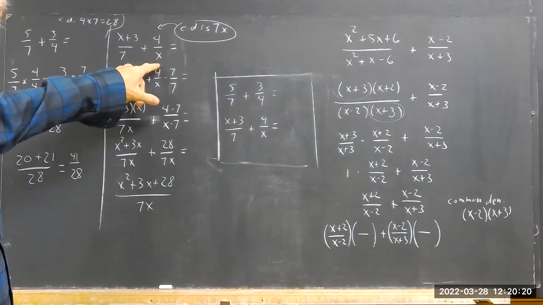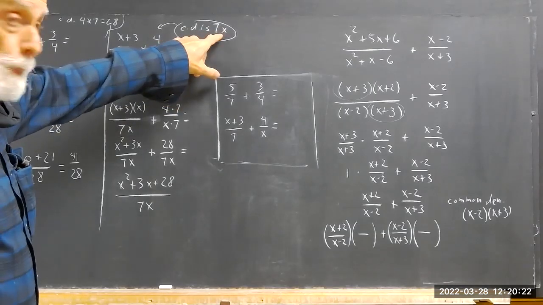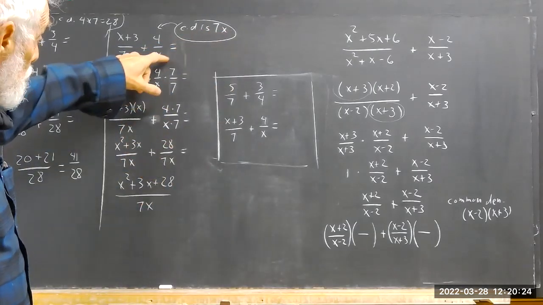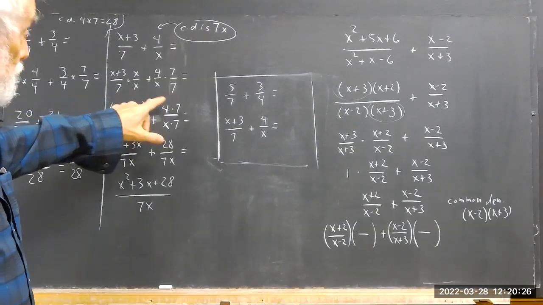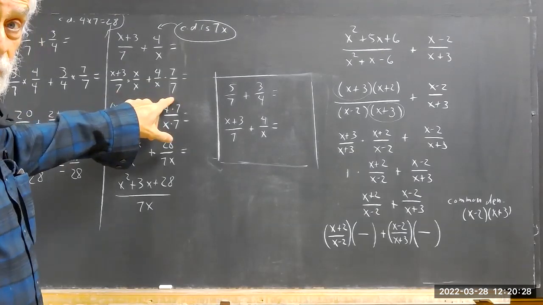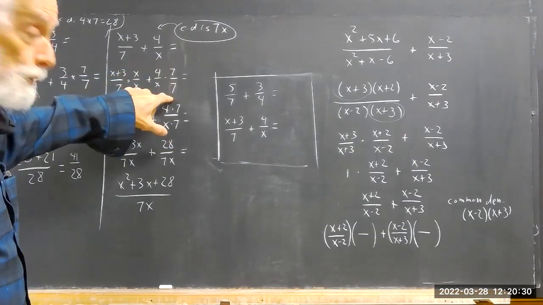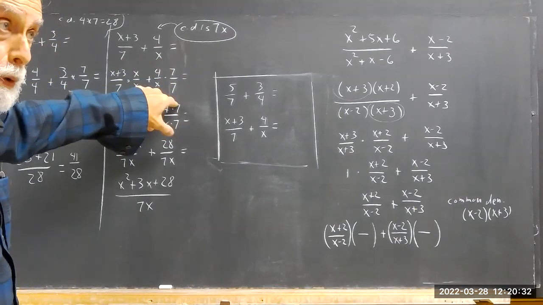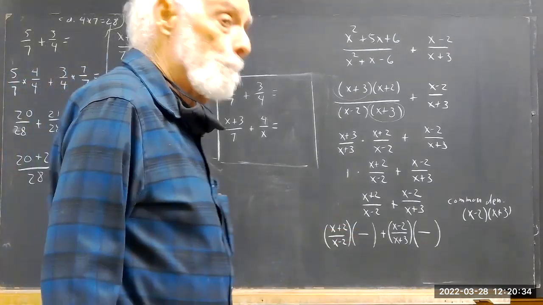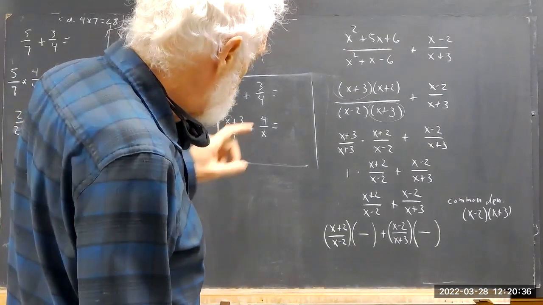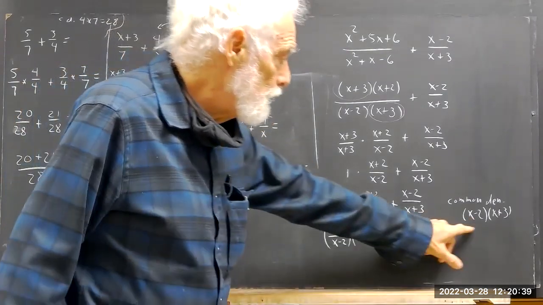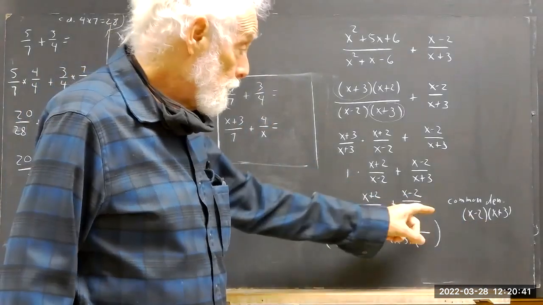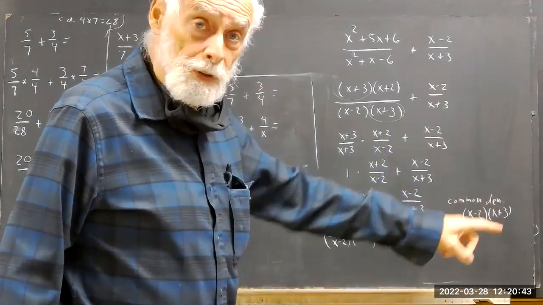Here, I had x in the denominator. I wanted to get the common denominator 7x, so I multiplied by 7 over 7, because the 7 times the x gives me 7x, and because this has to be the same as this to make this 1. So over here, I have to multiply by something that will give me this denominator, (x - 2)(x + 3).